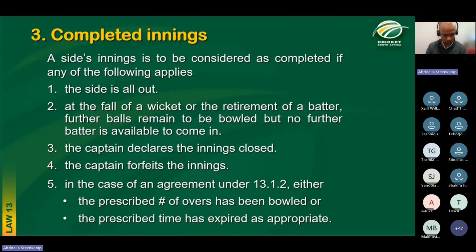So now what the law is telling us in point 5 is, if you did put a limit on, let's say, as an example, the number of overs, so you decided before the game started, each side to bat 60 overs in the first innings. So as soon as side A has batted 60 overs, even if they are, let's say, 300 for the loss of only 2 wickets, as soon as they've reached 60 overs, that innings is also completed.